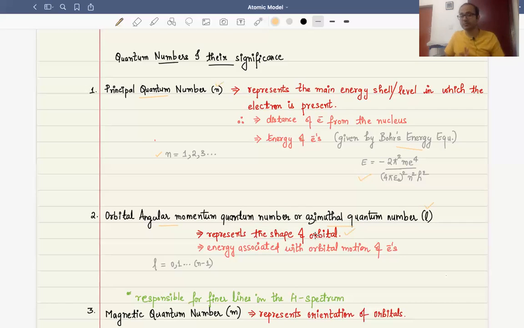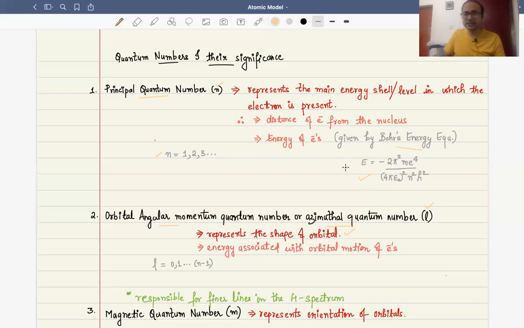I'll be mentioning the orbitals that each of these azimuthal quantum numbers represents, but the shape I'll be discussing in the next video. So this quantum number represents the shape of the orbital. Also, since it's associated with orbital angular momentum, some of the energy is associated with the orbital motion of the electron.